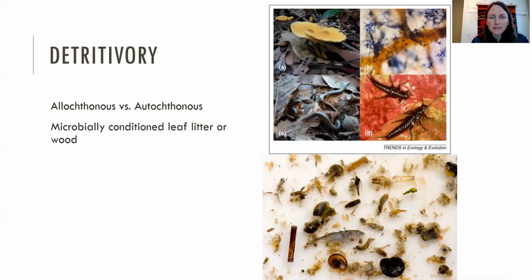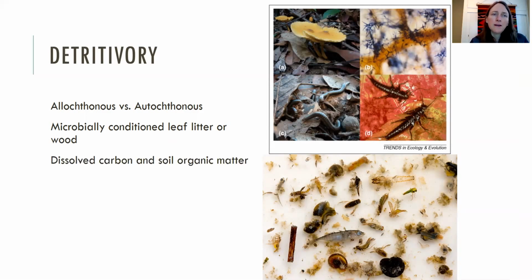They are most likely going after the microbes that colonize these materials. So leaf litter is an important food resource in streams. The shredding invertebrates are typically going after the microbes that have colonized the leaf litter and the wood. So things like fungi and bacteria that are growing on the leaf surface.